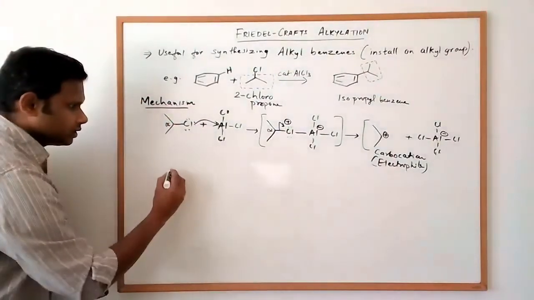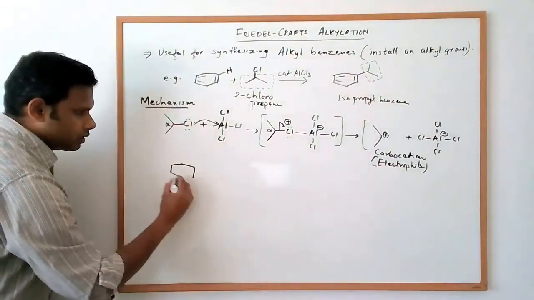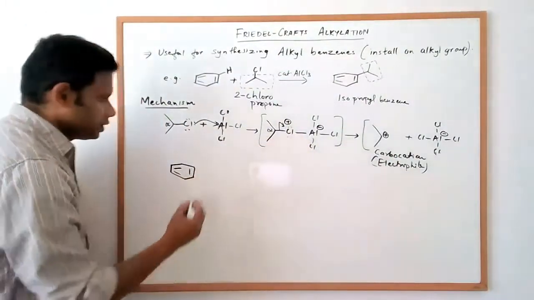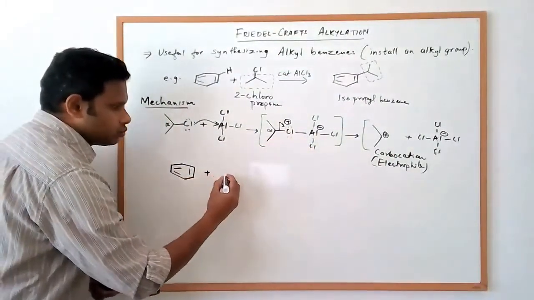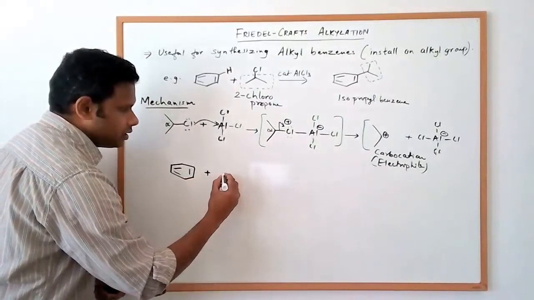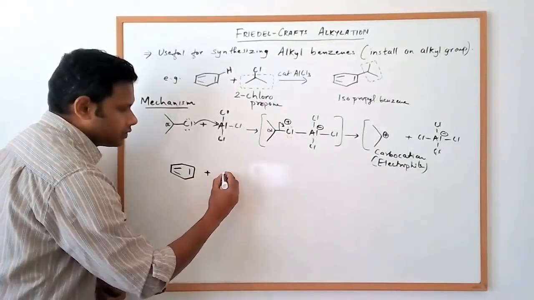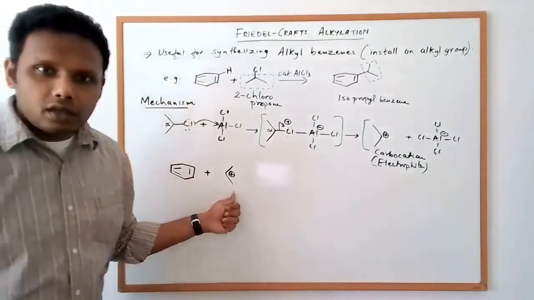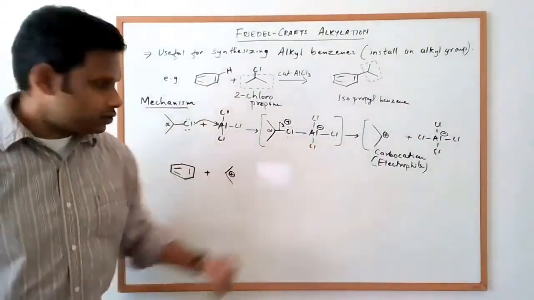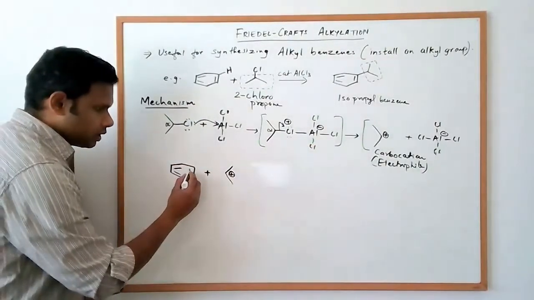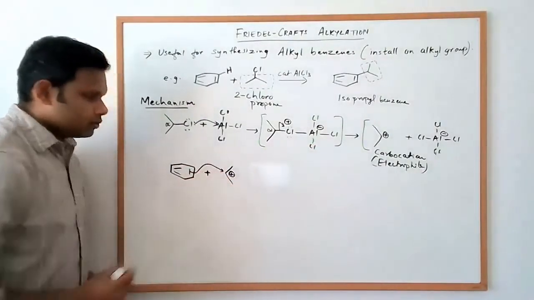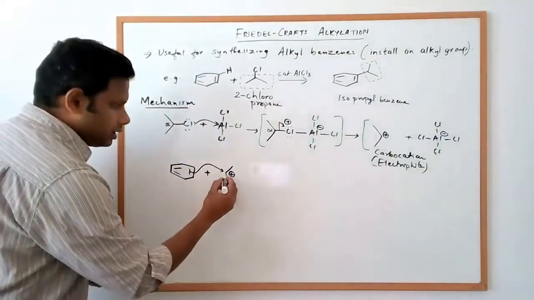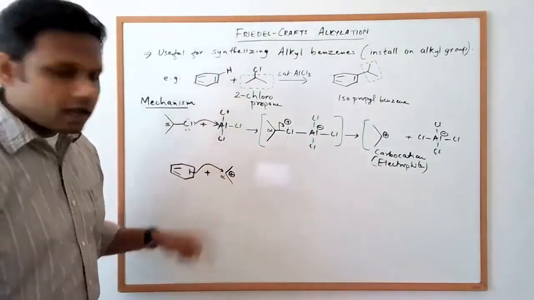After these initial steps, and once the electrophile has been generated, the rest of the mechanism is very similar to what we've seen with other electrophilic aromatic substitution reactions. So we have the carbocation, which is our electrophile. The benzene ring serves as a nucleophile and attacks that carbon, which was the alpha carbon in our alkyl halide.